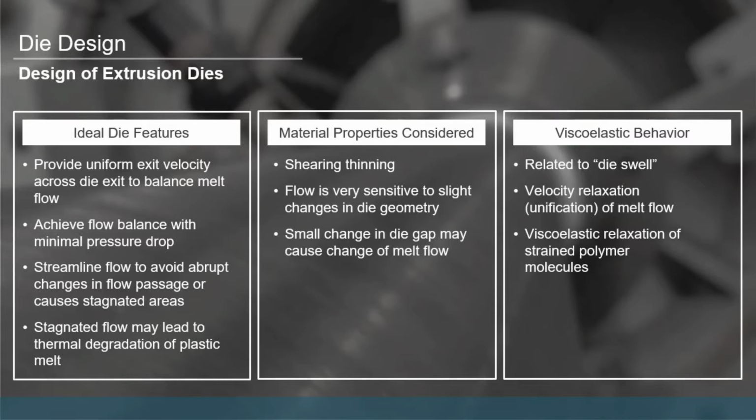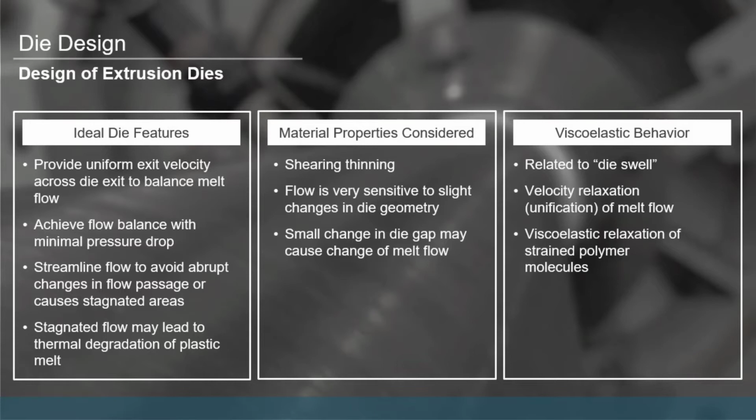Some of the material properties that are considered, of course, are shear thinning, which is a characteristic of the polymer being subjected to flow, and flow is very sensitive to slight changes in the die geometry. So understanding the extensional flow, viscosity, and everything through rheological studies is very important before you even look at applying the material within the extrusion technology.